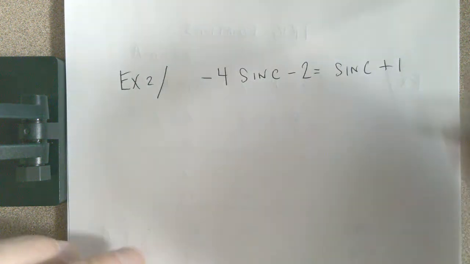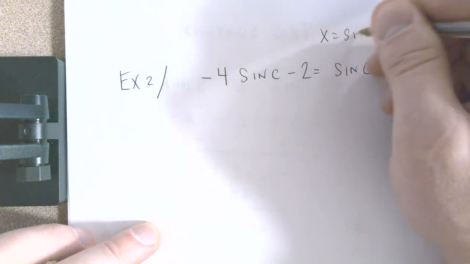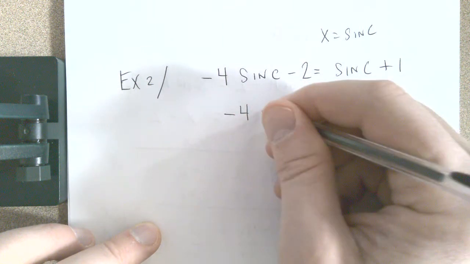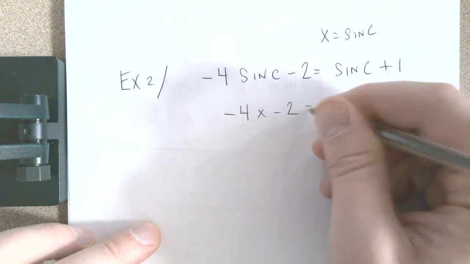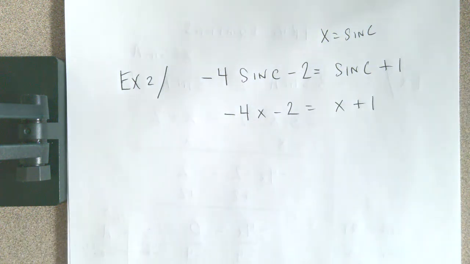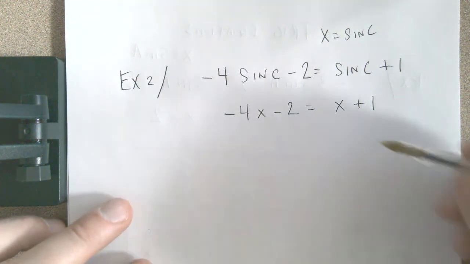So again, just to make it a little bit easier, I'm going to say that x is equal to the sine of C. So I'm going to substitute in x. So I've got negative 4x minus 2 equals x plus 1. Just by doing that, it makes it a pretty easy, few-step equation.